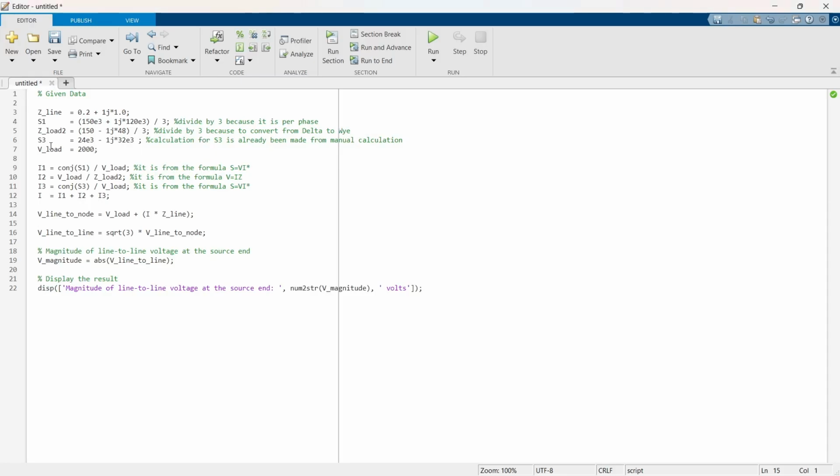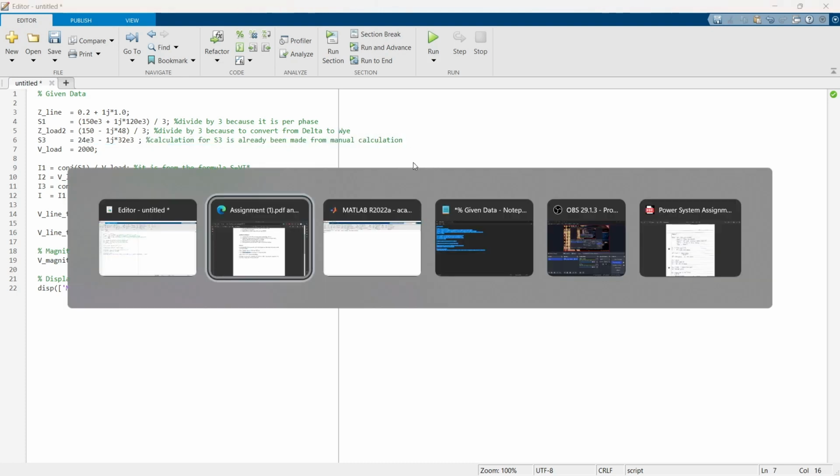So for S3, this is the S for load 3. Calculations were made and this is the final answer for S in load 3.